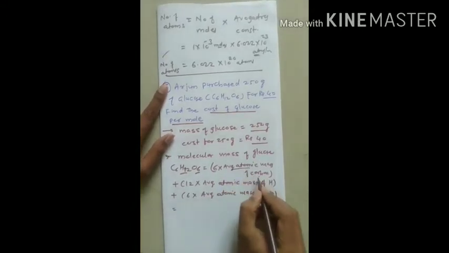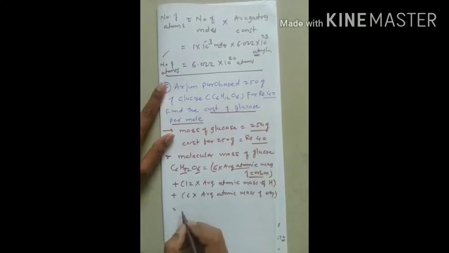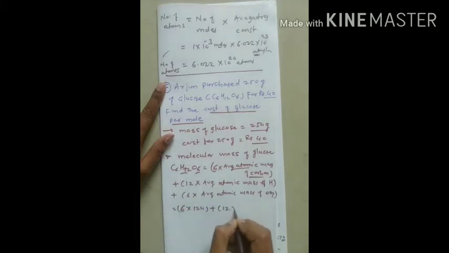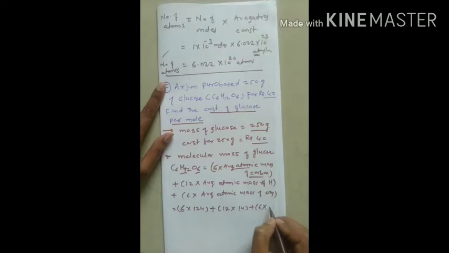Now we just have to put in the values of the average atomic masses. For carbon it is 6 into 12u, plus 12 atoms of hydrogen, whose average atomic mass is 1u, plus in case of oxygen 6 into 16u.